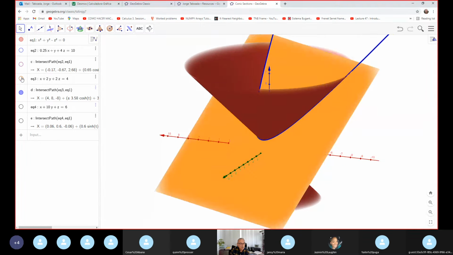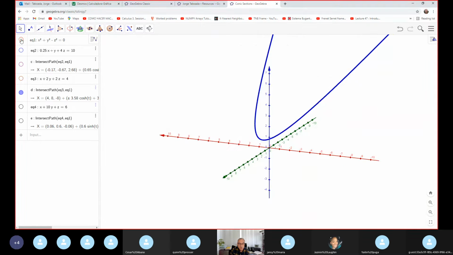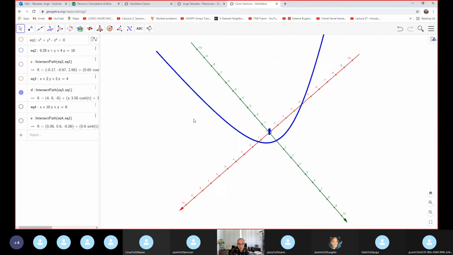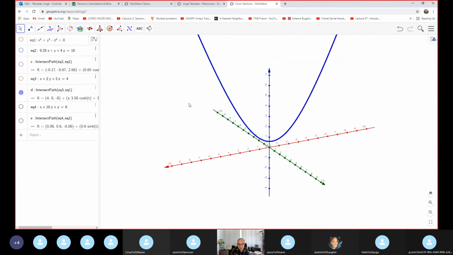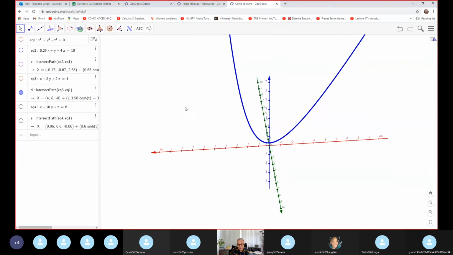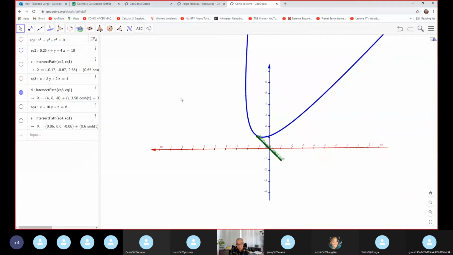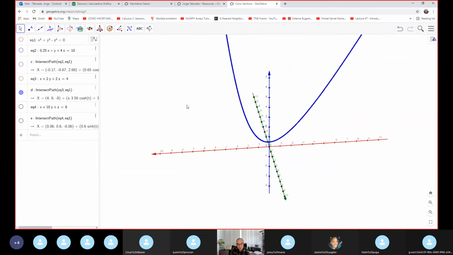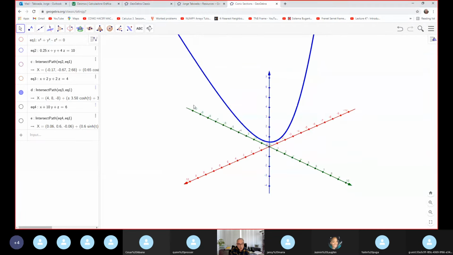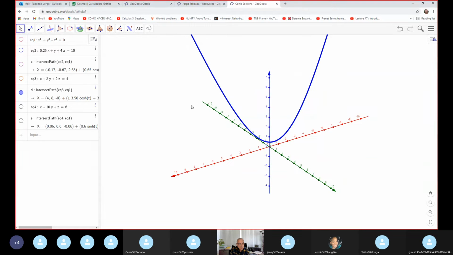If I remove the plane and the double cone to see, this is my famous parabola. Of course, this is a parabola in 3 dimensions, no? But we study in 2 dimensions, but it's coming from the conic section. And this parabola opens in one direction, the vertex, we study in detail now with me in this chapter.